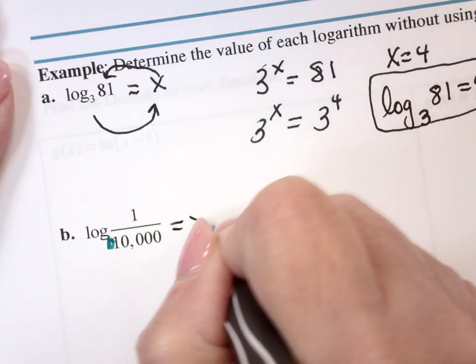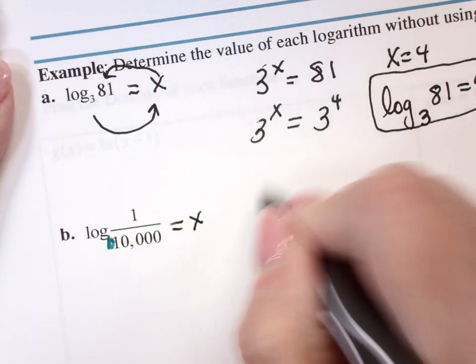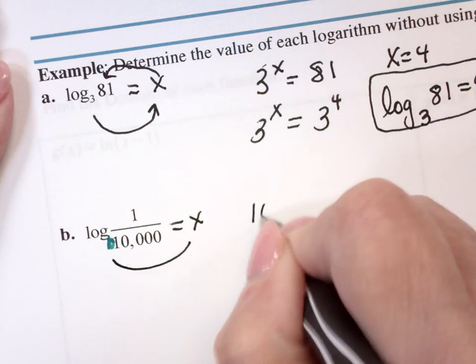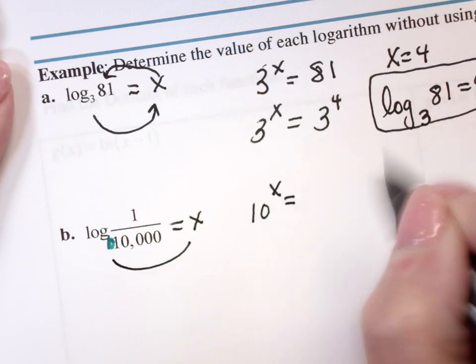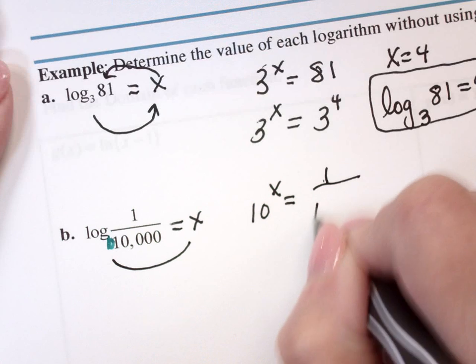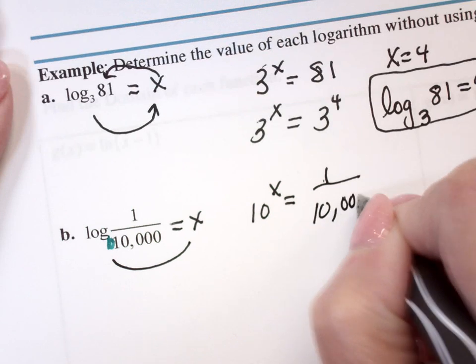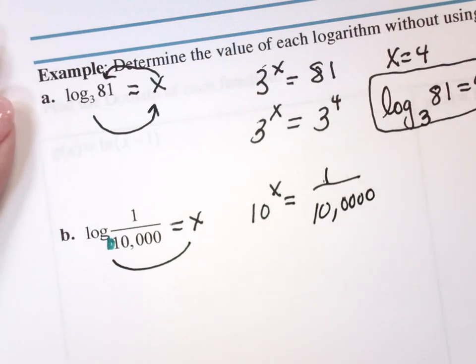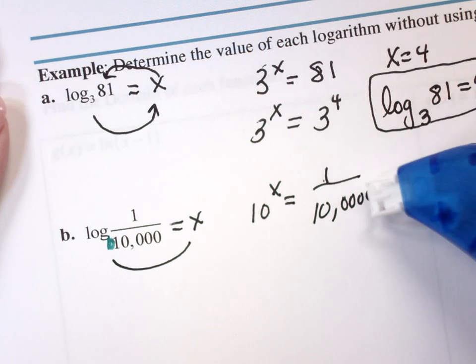This is equal to x. So this says 10 to the x power is 1 over 10,000. Oh boy. I'm not used to dealing with so many zeros. I've got one too many zeros.